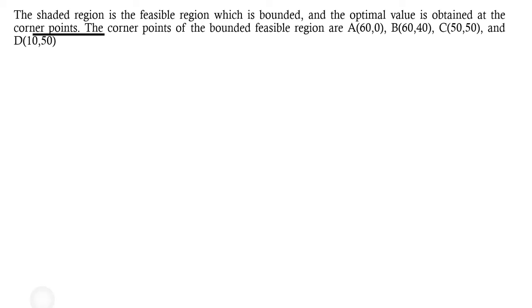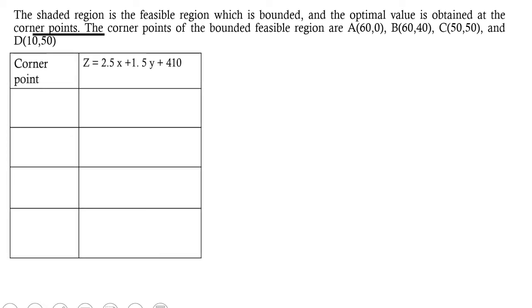Next we have to find the optimal value of Z by drawing a table. Draw a table with corner point and Z. We have calculated the value of Z as 2.5x plus 1.5y plus 410. So let us find the value of Z for each corner point.